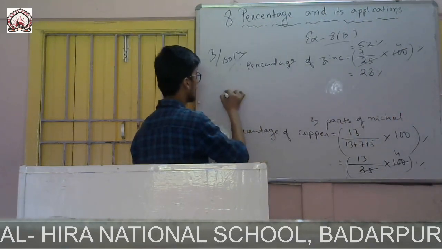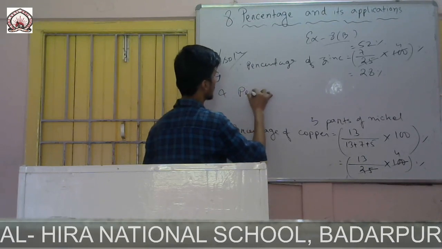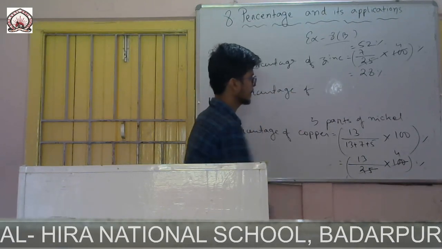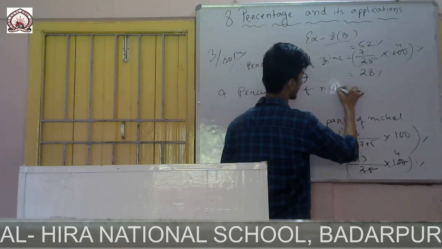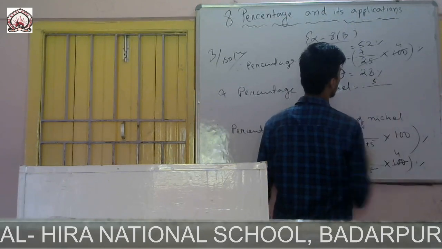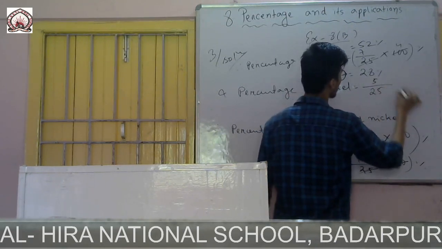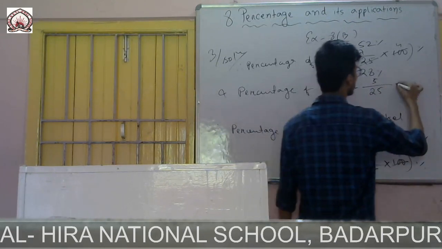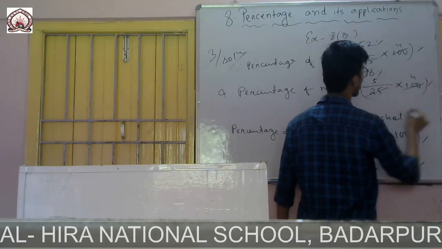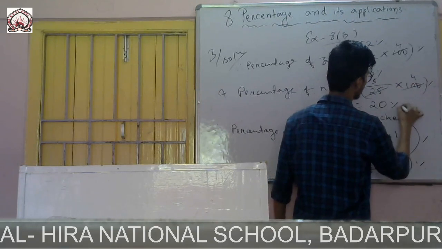So now last one, percentage of nickel. It is given 5 parts, so I simply write 5 and total it is 25 parts. So 5 by 25 into 100. 25 fours are 100 and 5 fours are 20%.